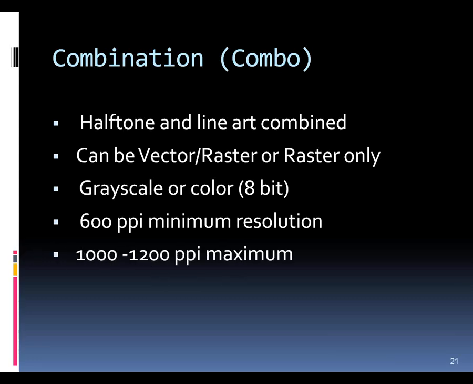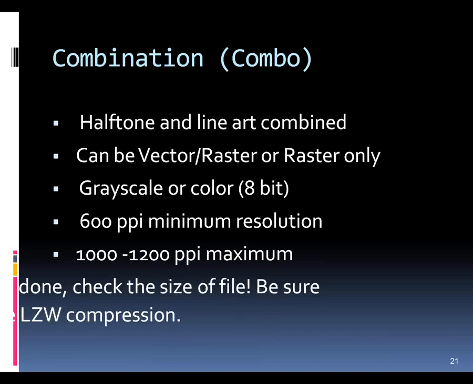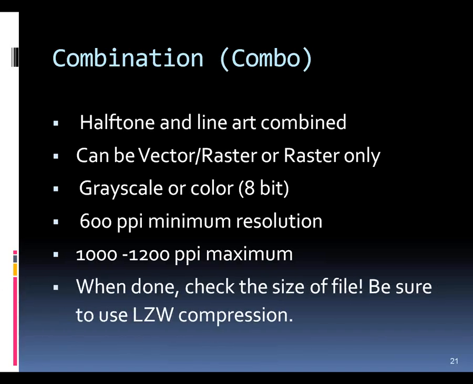We would actually set a maximum resolution for combos of 1,000 to 1,200, which is kind of overkill. If you're not sure how big it's going to be, it doesn't hurt to have more resolution. The problem when you get this kind of big resolution in 8-bit files is that you get really big files. And I'll come back to that in just a second.